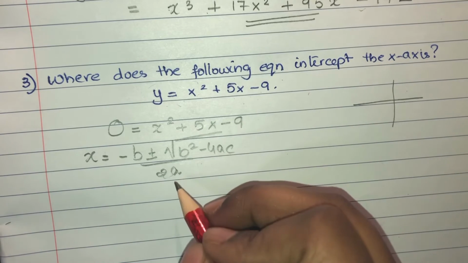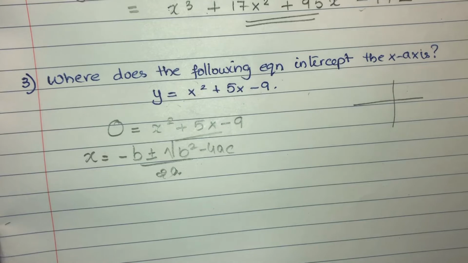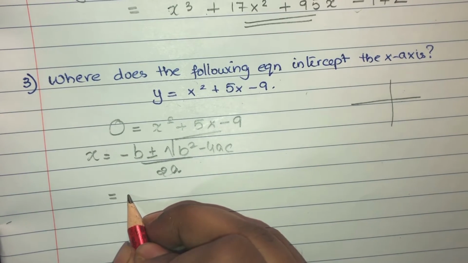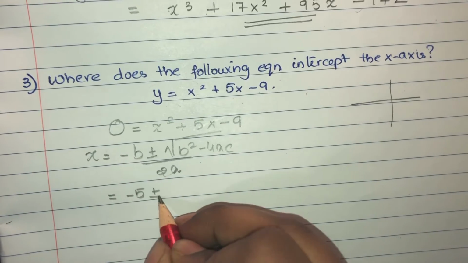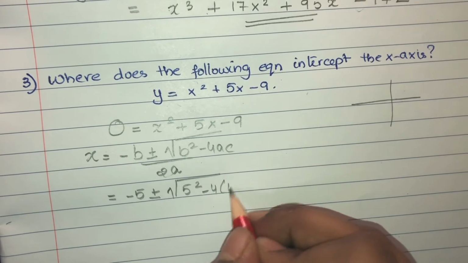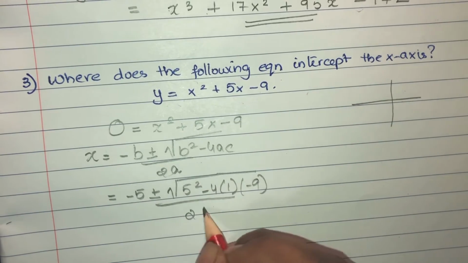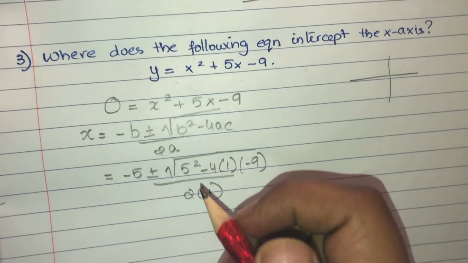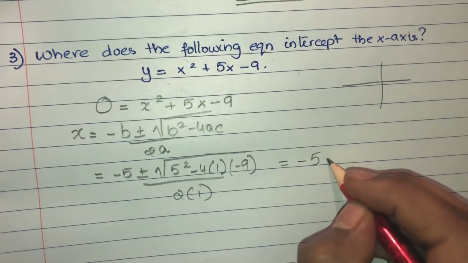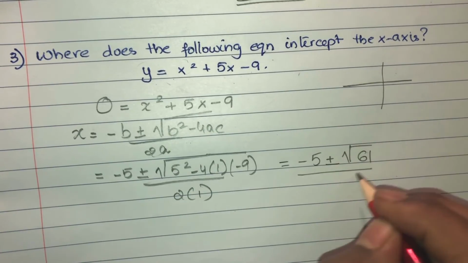So with this equation we can plug in: minus 5 plus or minus root 5 squared minus 4 times 1 times minus 9, and when you further simplify it, it will be root 61 divided by 2.